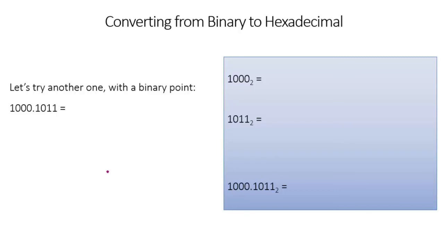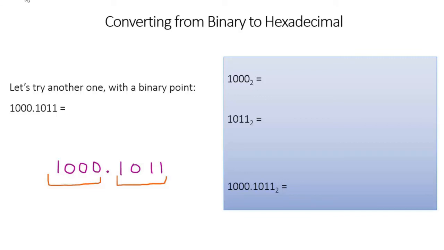I'm going to write the number carefully, starting at the radix point and moving to the left, 0, 0, 0, 1. So we have a single grouping of 4 to the left of the radix point, and then starting at the radix point and moving to the right gives me 1, 0, 1, 1. I don't have to pad the number on the left or on the right.